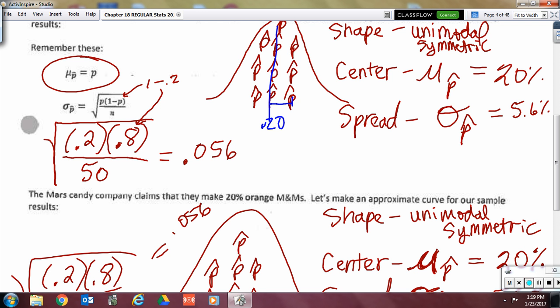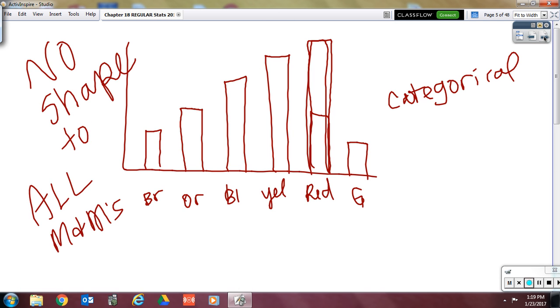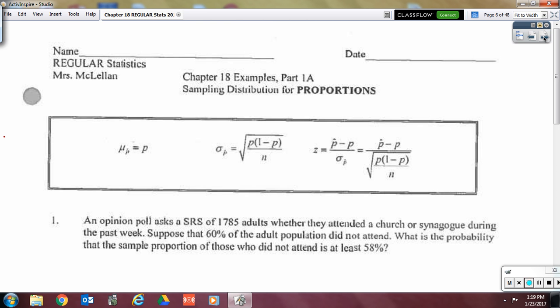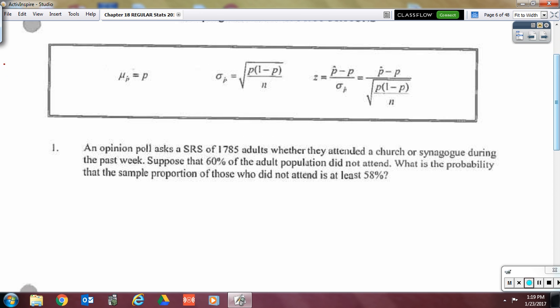So the standard deviation, that average distance away for all of the P hats from that center, was computed with this formula. And so we're going to be using some of that same stuff today as we go on to our work that we're doing here on starting on page 3, okay? So, in fact, that's what it has first. This is going to be where all of our P hats will be centered.